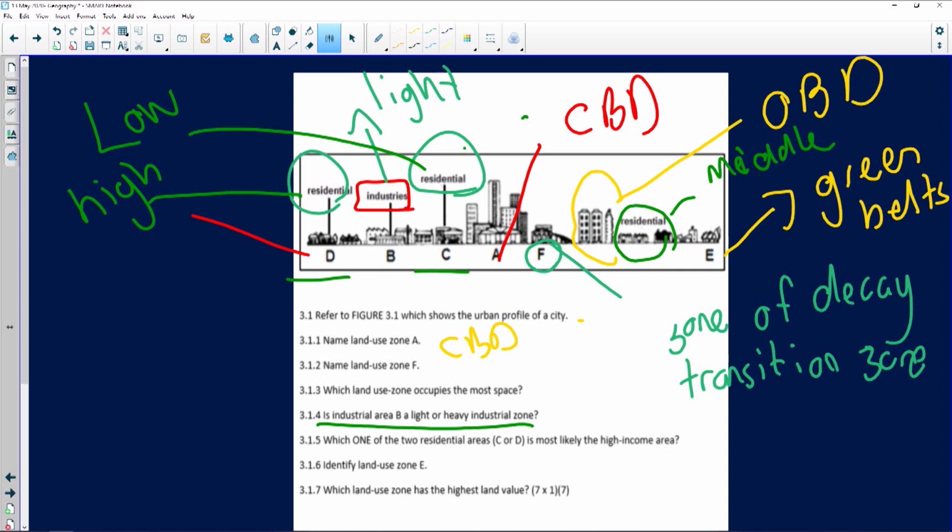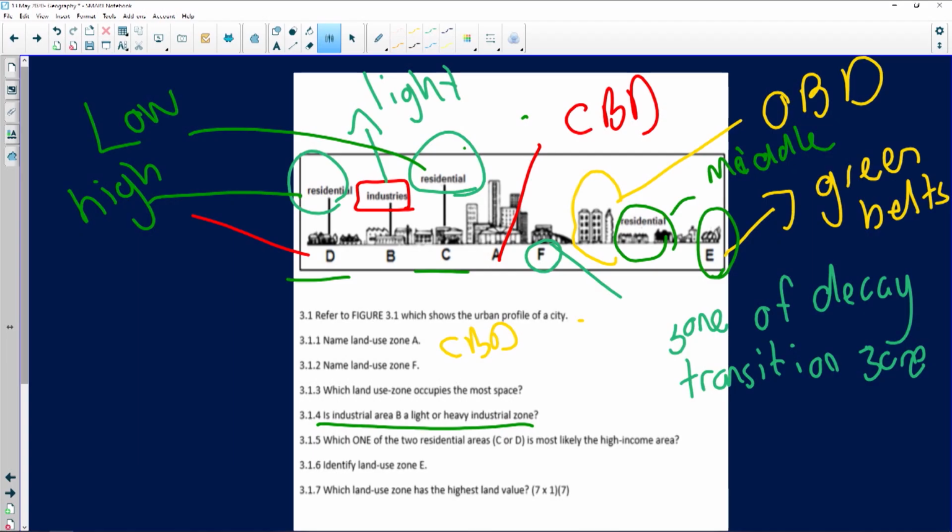3.1.6, identify land use zone E. As you can see, land use zone E is represented on our urban profile with trees and vegetation. So I've mentioned that it's the rural-urban fringe. It's the transition zone from the urban areas to the rural areas, or it might be green belts used for recreation areas.